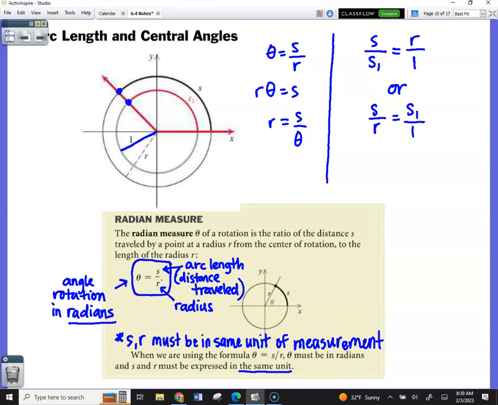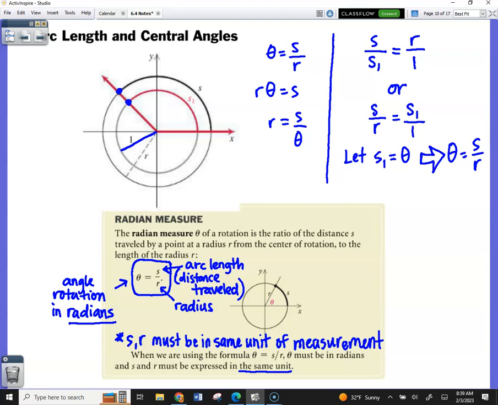Okay, so I'm going to write right here. Let's let S1 be theta, which gives us this really nice formula. We would have theta equals S over R, which we just learned. The purpose of what we just did, I realize some of you may be thinking, I hope this is not the practice questions. I wanted you to derive the formula to understand the relationship.